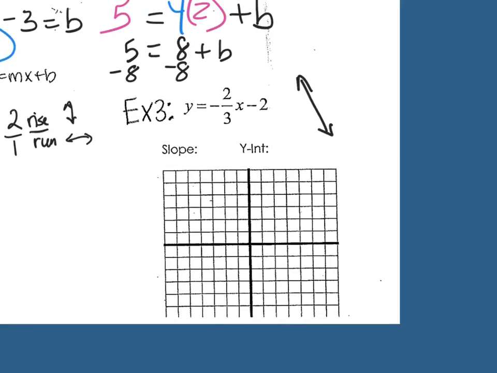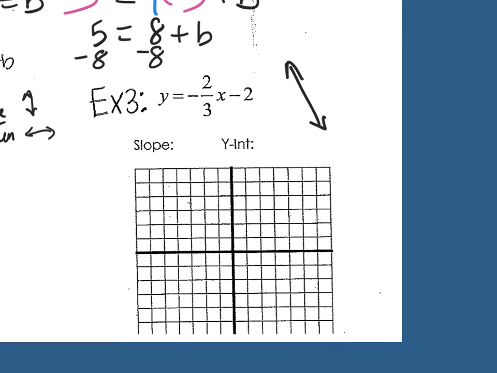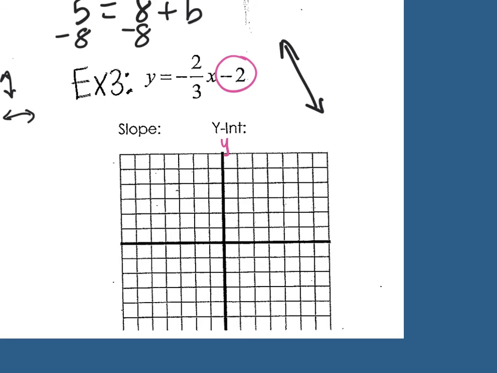So then on example 3, my b, my y-intercept is -2, so on the y-axis, I'm going to find a -2, so that means I'm going to go down 1, 2, and make my first point. So then I can move from there using this slope. So my slope is -2 over 3, so that's a rise over run. And since it's negative, I know my line should look like this eventually.